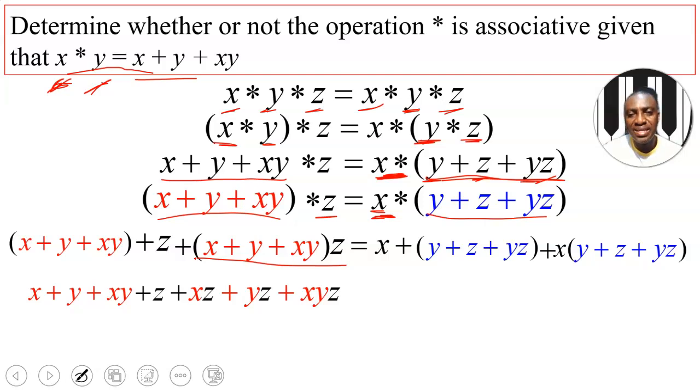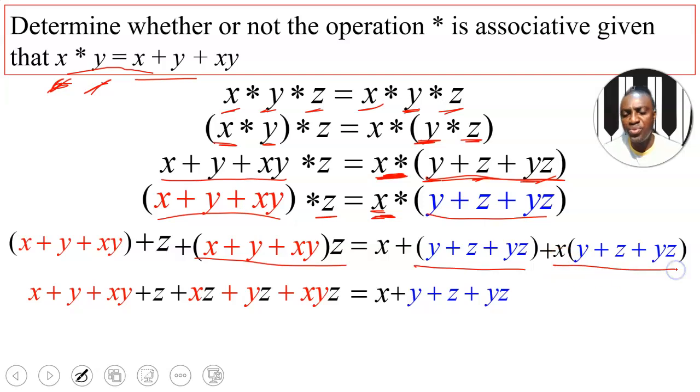Then on the right hand side here, I have my x plus the whole of this, then plus multiplying this one through will give us that. So now can we compare? You can pause the video and look at it critically to compare the left hand side and the right hand side and see if they are the same.